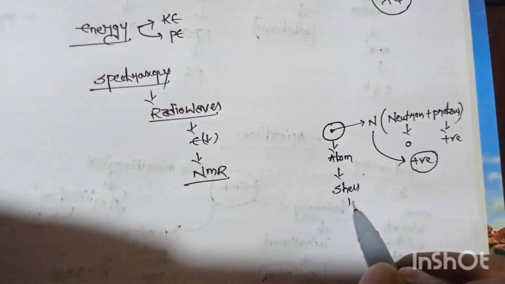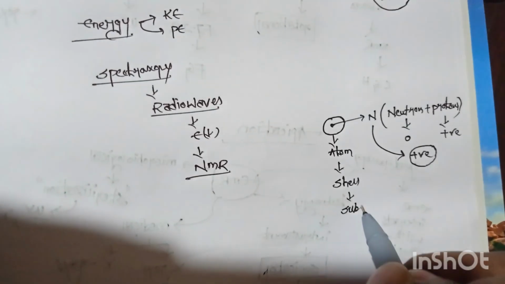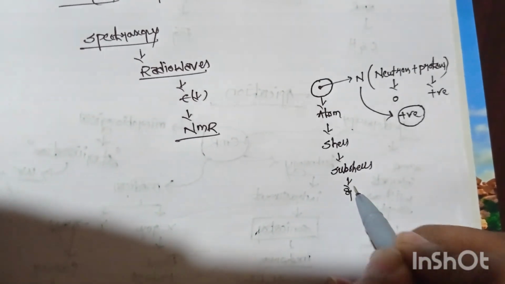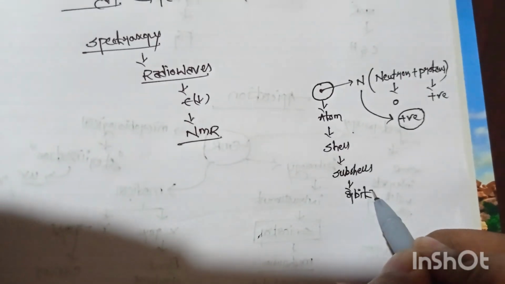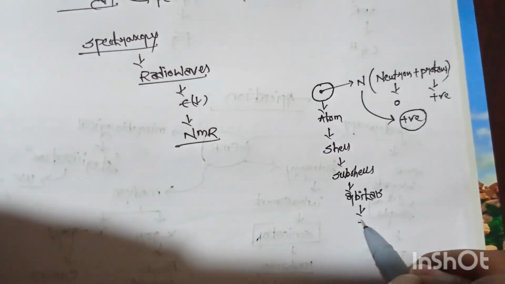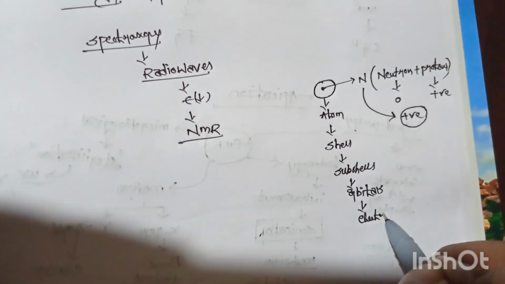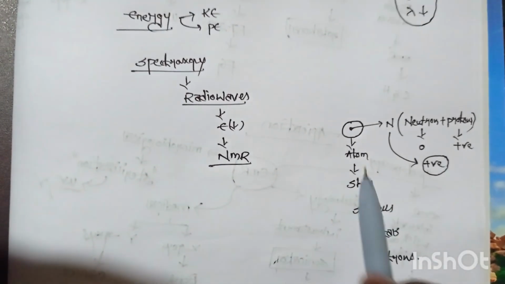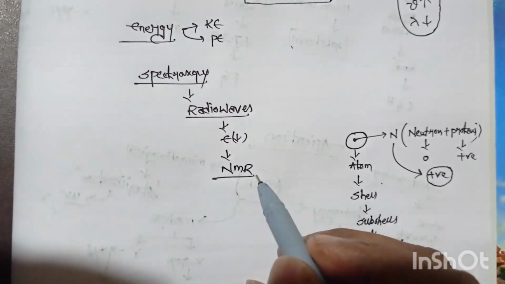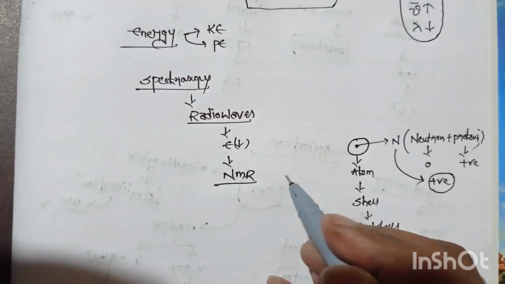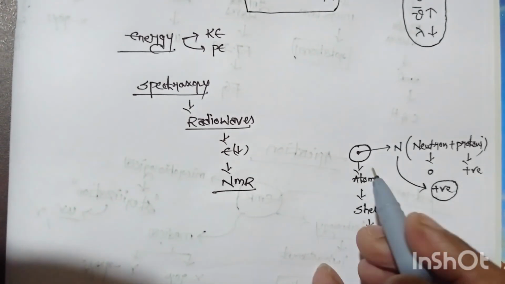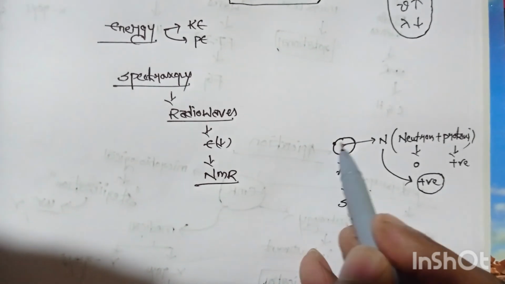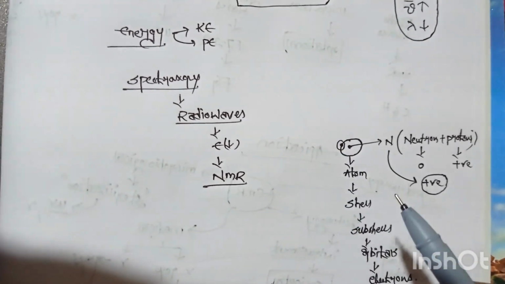In that atom, it contains shells. In the shells it contains subshells. In the subshells it contains orbitals. In the orbitals it contains electrons. So whenever the electromagnetic radiation hits the atoms, these atoms contain outermost electrons, right?